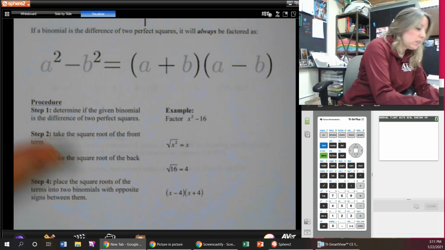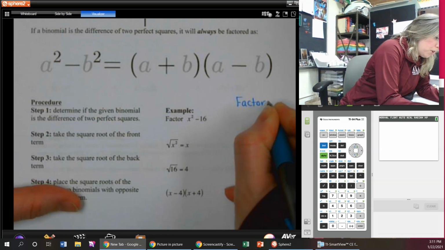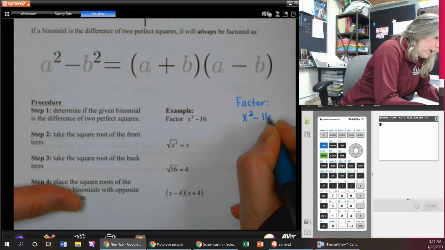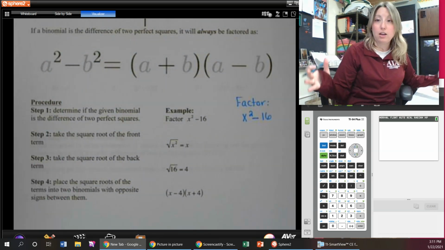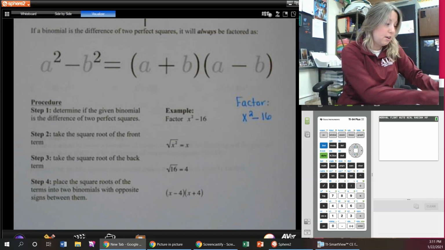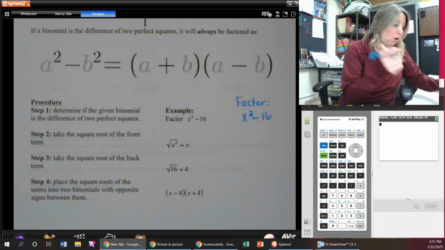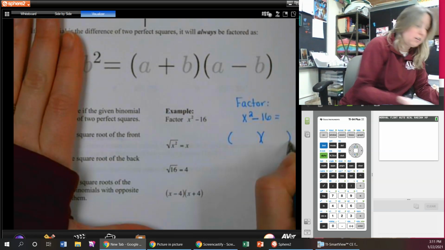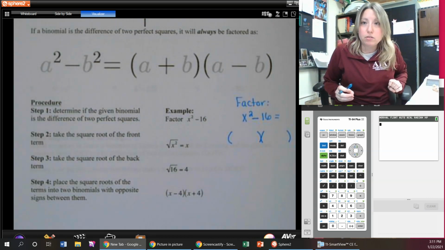So, if I am asked to factor the difference of two perfect squares, or if I am asked to factor a polynomial that is the difference of two perfect squares, because I have to now recognize it. If it's given, I have to recognize this is a perfect square minus a perfect square. Here's how I do it. I always have my equal sign, set up two empty sets of parentheses, ready for binomials.